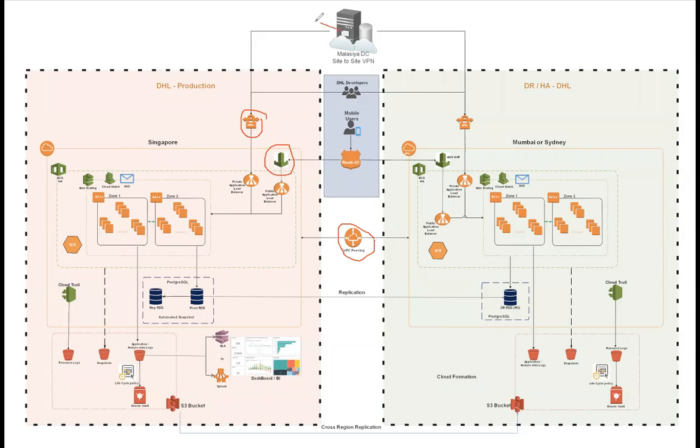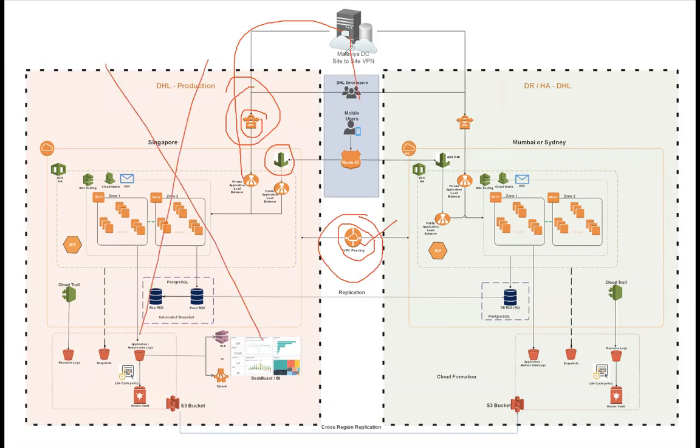From the local data center into the cloud data center, they have created a tunnel using VPN. Between these two data centers, they're replicating the data using a peering connection. And you can see the transit gateway. If production goes down, immediately the traffic should redirect to the other data center, so they have configured the transit gateway.